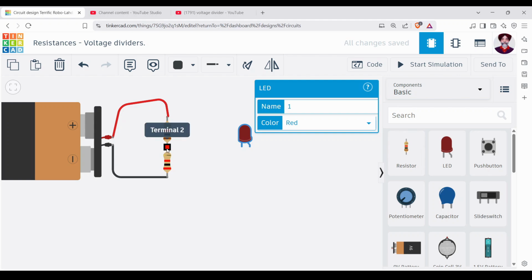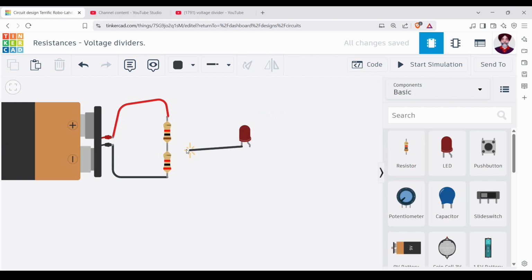I need very little voltage at this point. So a node is connected to the positive side, and this is connected to the negative side. This is positive.